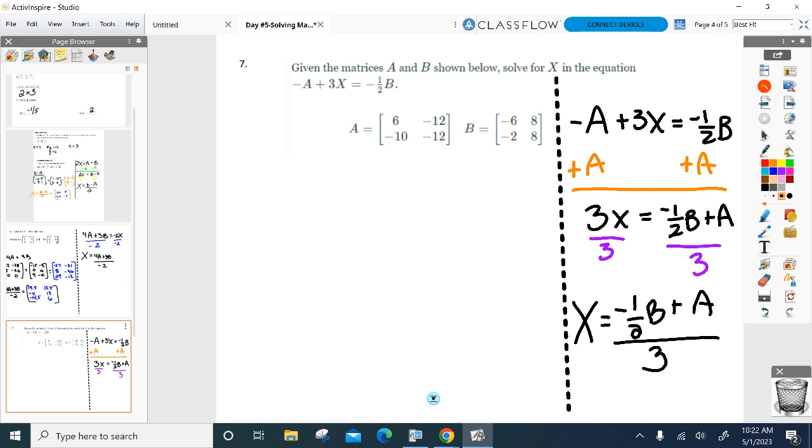Let's see what we got. Make sure you're multiplying matrix B by negative 1/2.